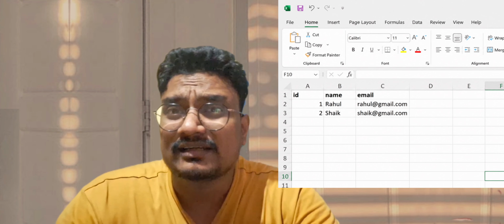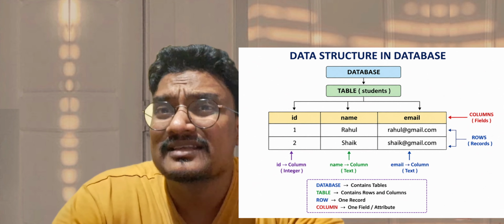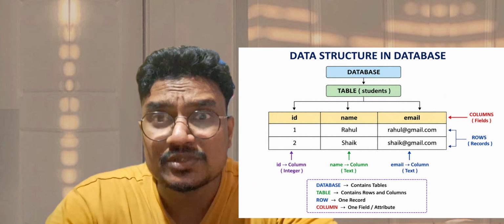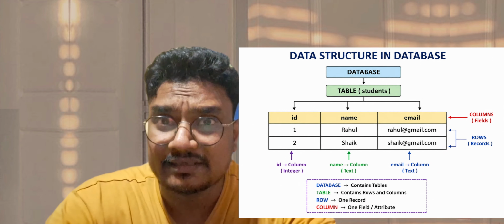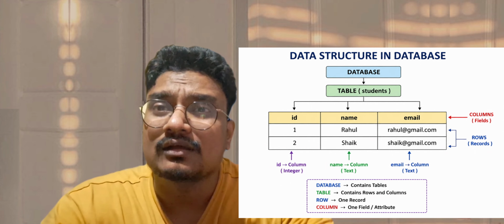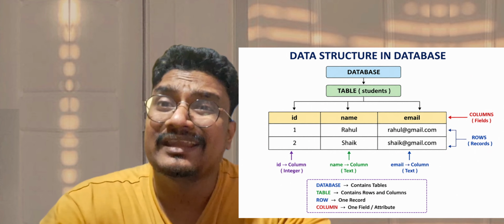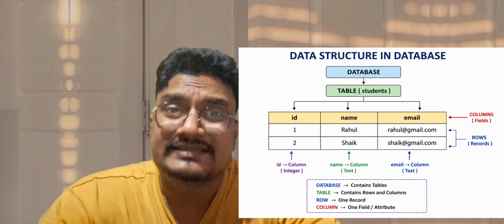This is exactly how a database stores data. So now understand the structure. A database contains tables, and tables contain rows and columns. Rows contain individual records, and columns are like fields, like name, email, ID, age, phone number, etc.